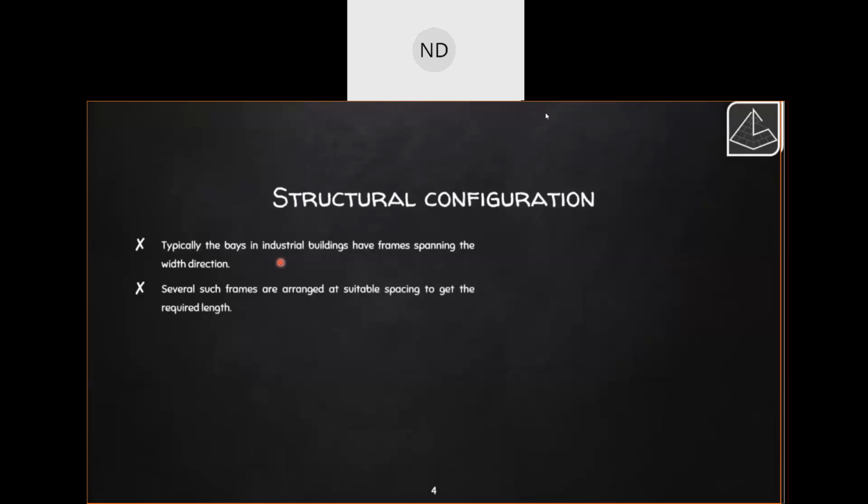Several such frames are arranged in space at the required length. So the width will become the width of the frame. Let us say the width of the frame is 5 meters. These frames are placed at 4 meter intervals each. So if 5 such frames are placed, then you will have a 20-meter length and 5-meter width industrial building.